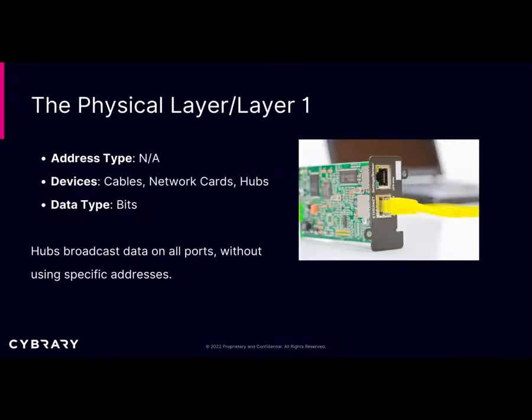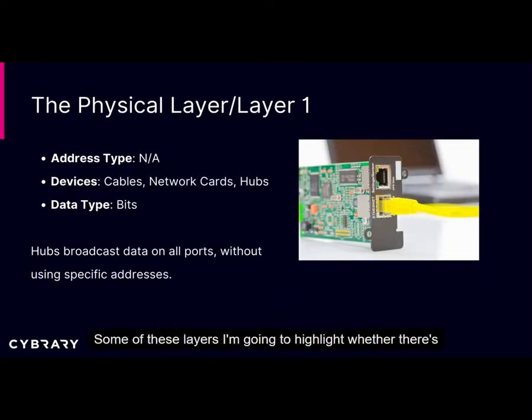The physical layer, or layer one. Some of these layers I'm going to highlight whether there's an address type you should know and what devices and data types are associated with the layers. In this case, there's no address type to know about, but you should know the devices, which are cables, network cards, and hubs.